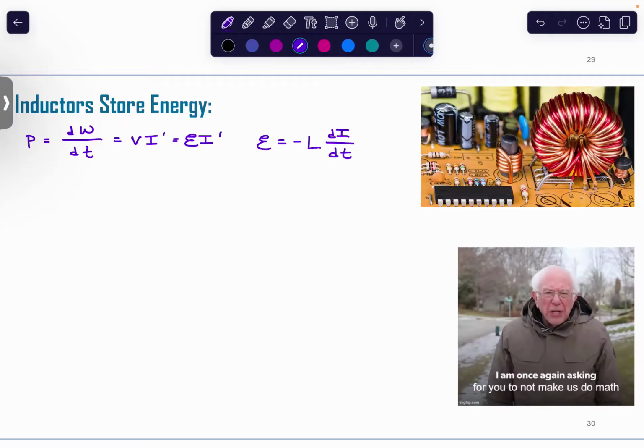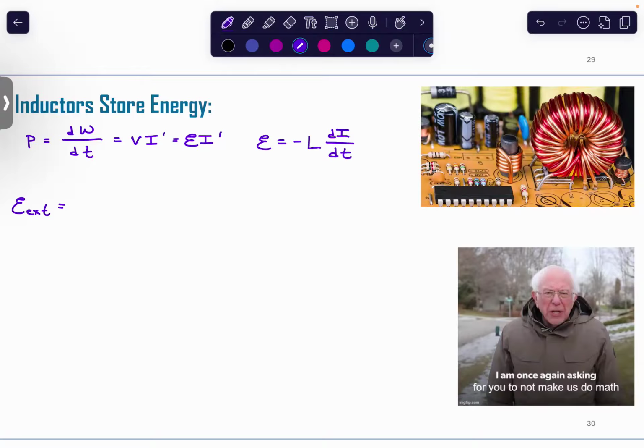If we're storing power inside the inductor, we need an external EMF, okay? How does E external relate to E internal? Remember, the E internal is trying to fight the external EMF. So how do they relate to each other?